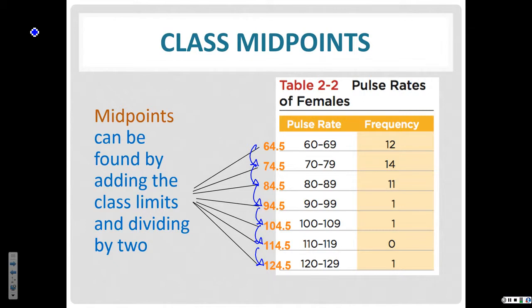So really, you could just find your midpoint for the first class and then add the class width all the way down. If you feel like that's just too much, that's okay. You just do it the regular way each time, right? What's the regular way? Add them up, divide by 2. Okay? That's how you get your class midpoints.